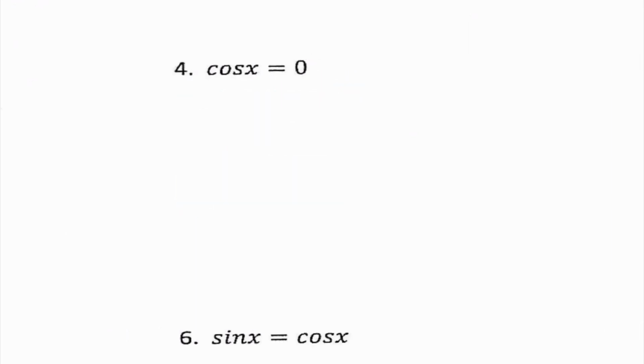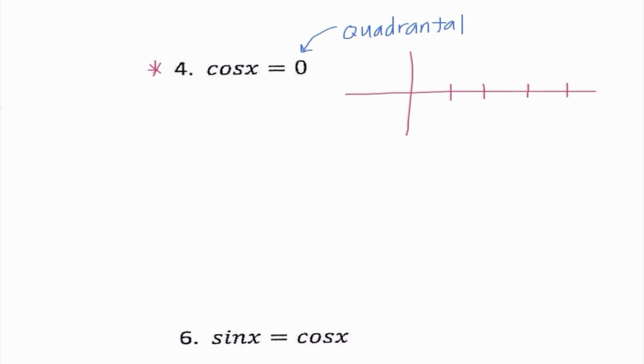Number 4, I just want us to focus on number 4, and the reason being is that since it's equal to 0, I'm thinking that this might deal with some of our quadrantals. And my guess is you probably haven't thought of this in this way before, but whenever we label our typical cosine graph, each of those 4 marks are actually our quadrantals.